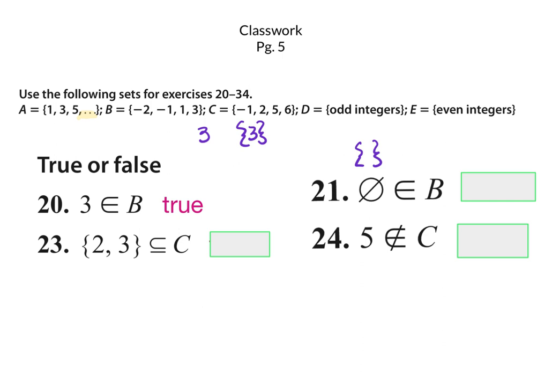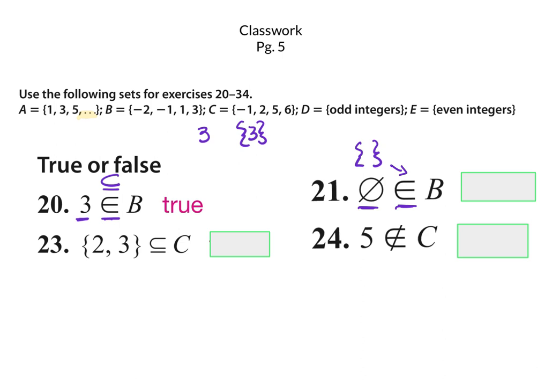So I could never have an element like this with a set notation because that doesn't make sense. He's not a set, he is an element. I also cannot have a set with an element. They have to match, okay? So here I'm talking about an element, so I have to have a notation that talks about an element. Here I'm talking about a set, so I have to have a notation that represents a set.